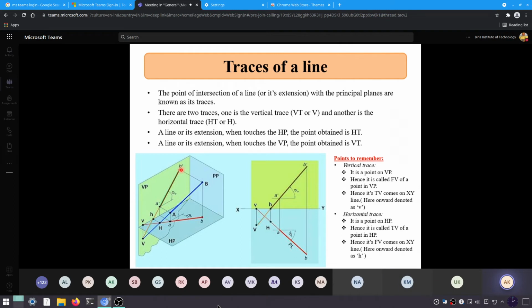So you are going to extend that front view and it is going to meet at a certain point in HP, right? So let's draw that particular case.